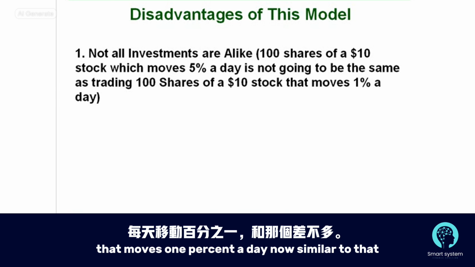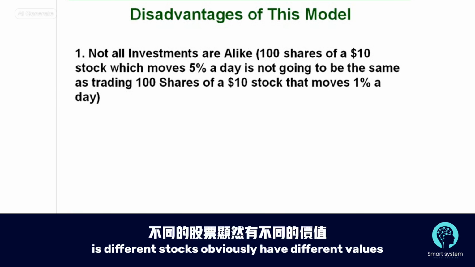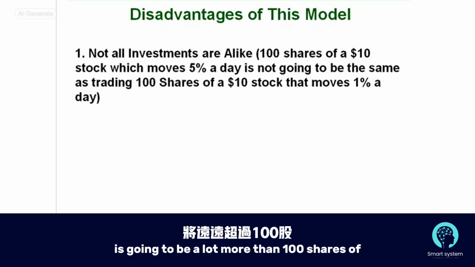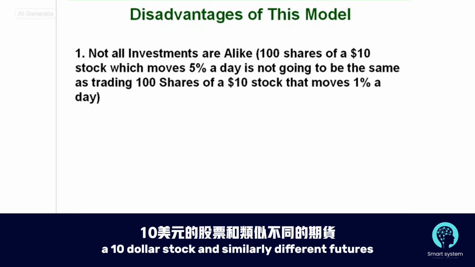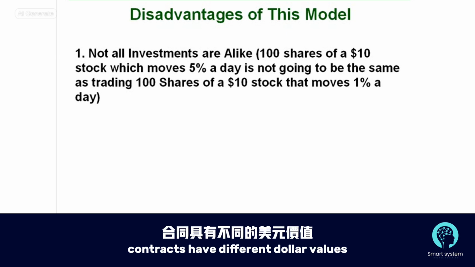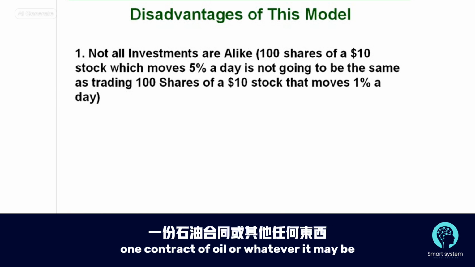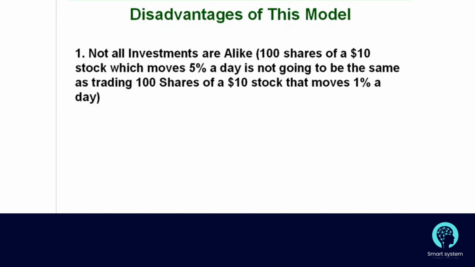Similar to that, different stocks obviously have different values, so 100 shares of a $50 stock is going to be a lot more than 100 shares of a $10 stock, and similarly different futures contracts have different dollar values. So one contract of corn is maybe worth more than one contract of oil, or whatever it may be.